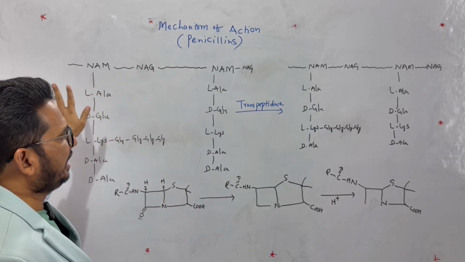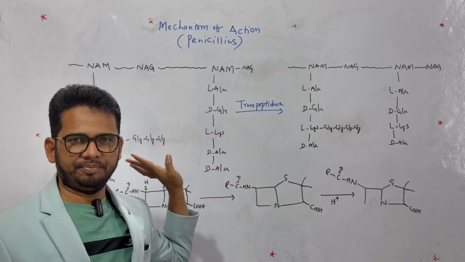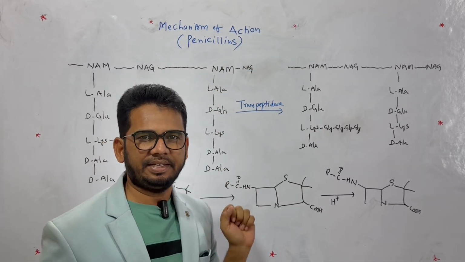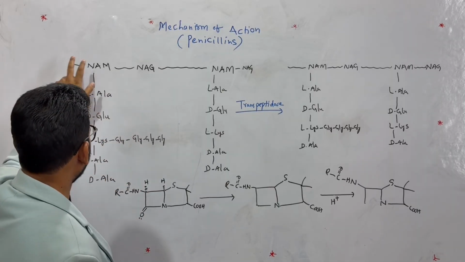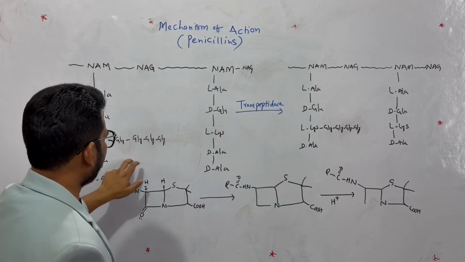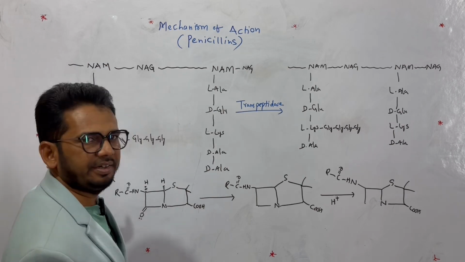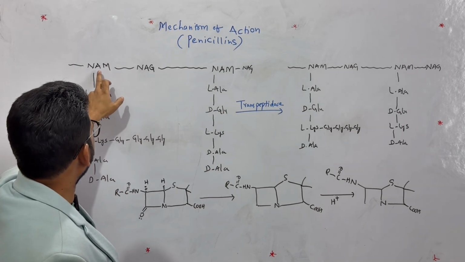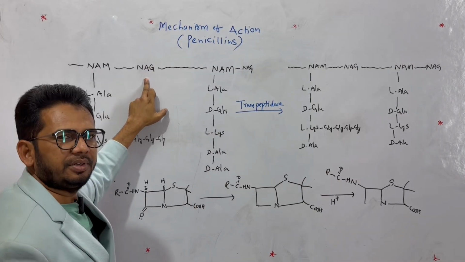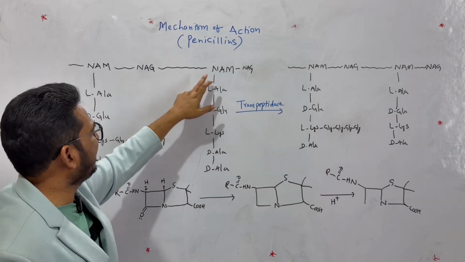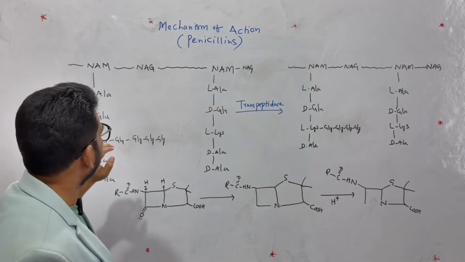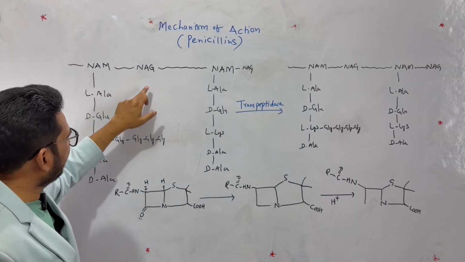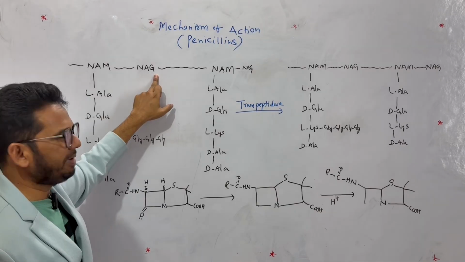See, for the cell wall synthesis of the bacteria, remember this. What will be required is this combination of amino acids. Two components are there that bind with the disulfide bonds: one is N-acetyl muramic acid, another is N-acetyl glutamic acid.